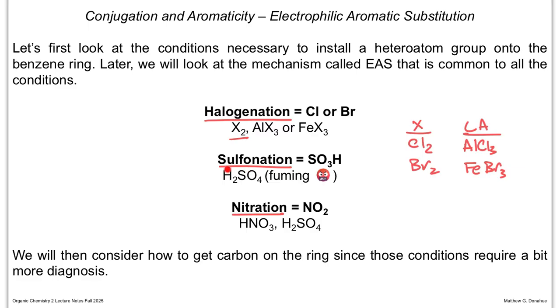The next set of conditions is sulfonation. That puts on this group, SO3H. The reagent to do that is sulfuric acid, but it says fuming sulfuric acid.